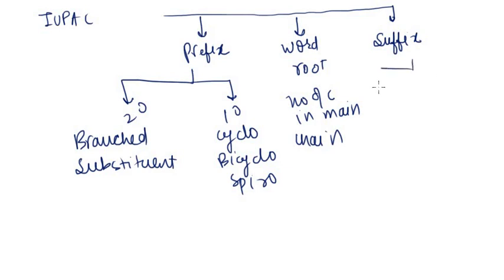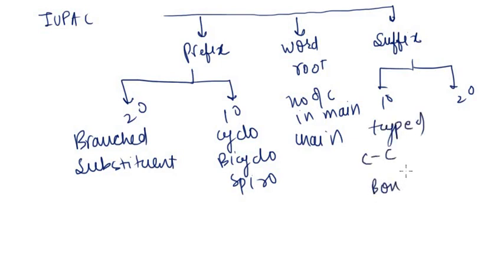Suffix could be 1 degree suffix or 2 degree suffix. 1 degree suffix means type of C-C bond and 2 degree suffix is the functional group. So that's how we overall define the naming of a compound: branch substituent, 1 degree cyclo, bicyclo, number of carbon in main chain, type of carbon bond, 2 degree functional group.